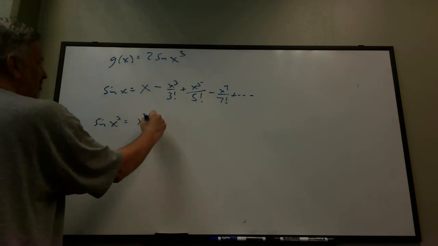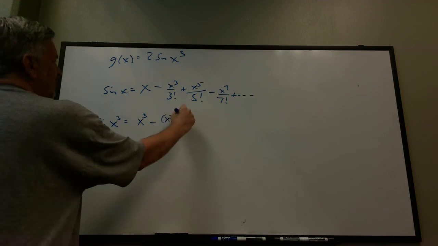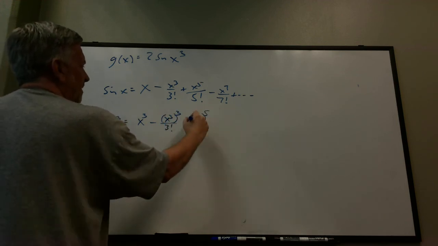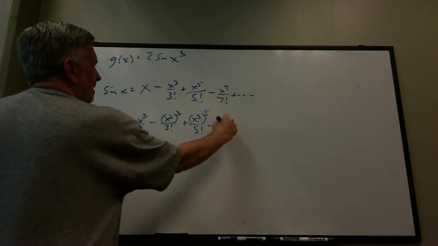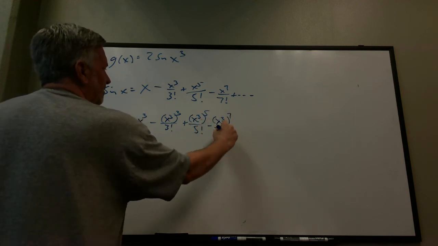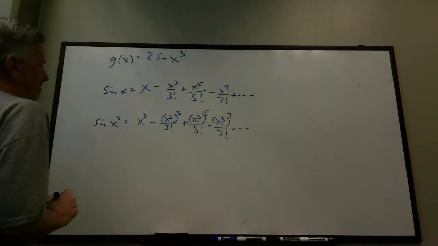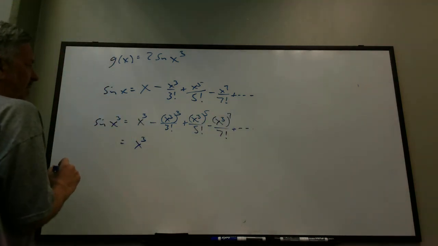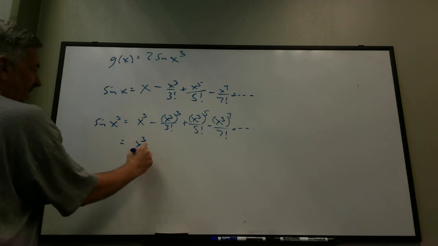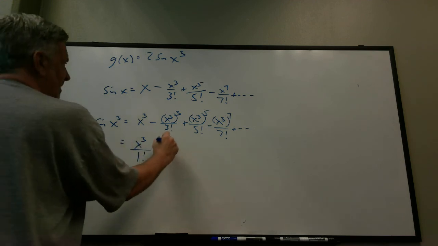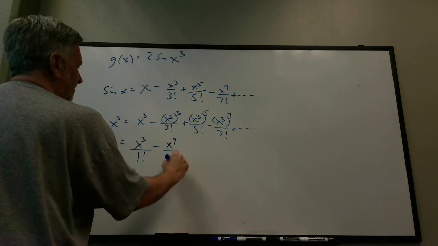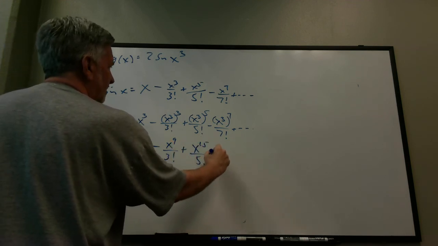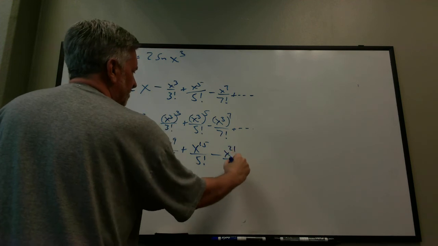So I get x cubed minus x cubed cubed over 3 factorial plus x cubed to the 5th over 5 factorial minus x cubed to the 7th over 7 factorial. If we want to simplify, that's x cubed, which you can think of as over 1 factorial if you want, minus x to the 9th over 3 factorial plus x to the 15th over 5 factorial minus x to the 21st over 7 factorial.